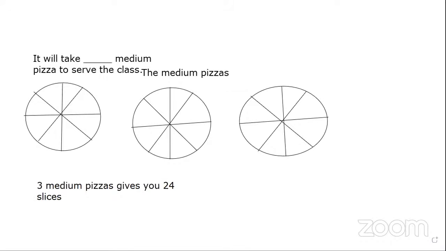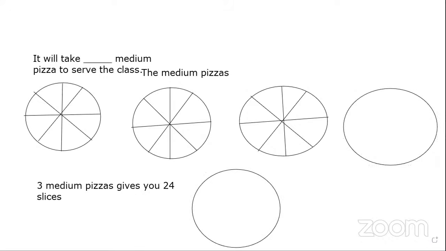Let's draw some more diagrams. I know 24 plus 8. And you can also add 2 as well for students who are a little bit below the multiplication and division standards.